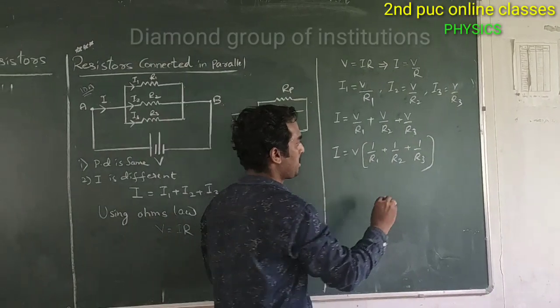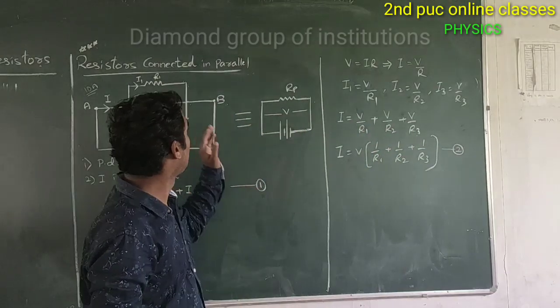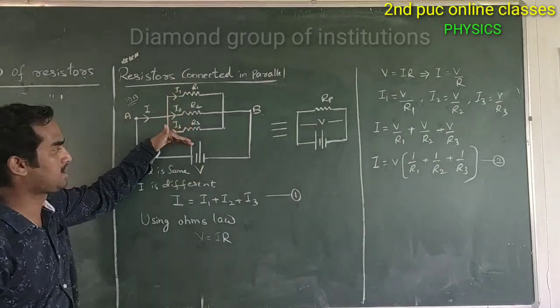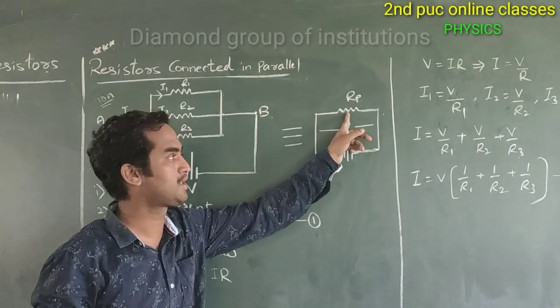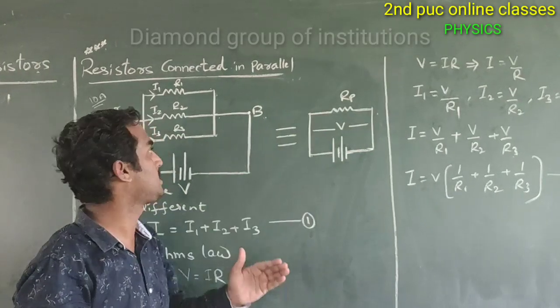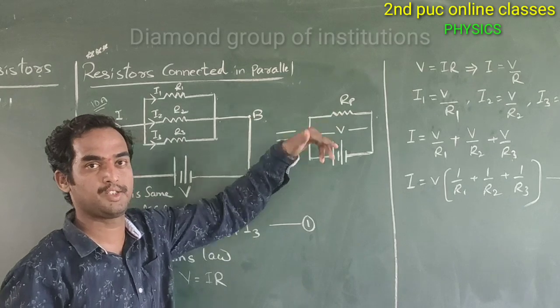So this is equation number 2. Now, in place of these three resistors, we are going to use a single resistor having the same resistance as these three individual resistances combined, called the equivalent resistance.